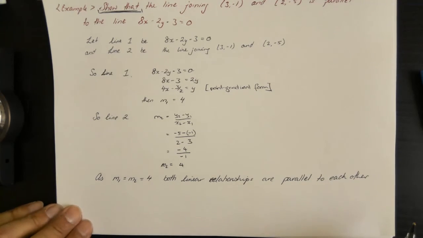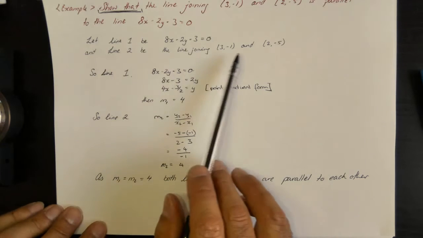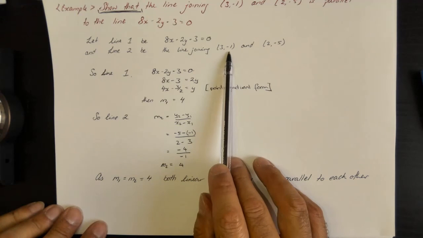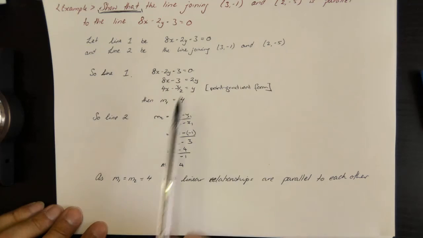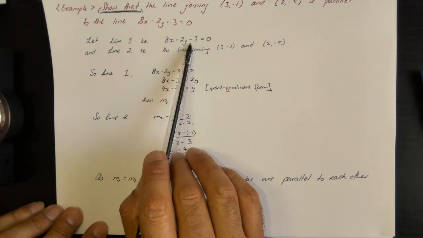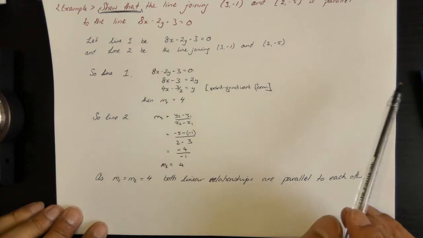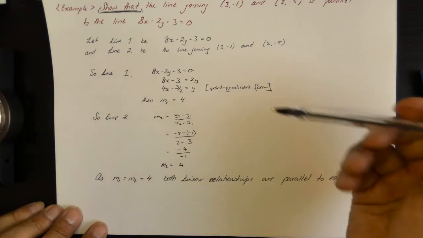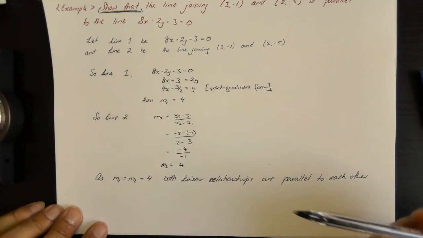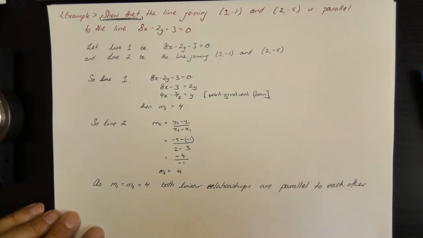That's how we show that the line joining (3, -1) and (2, -5) is parallel to 4x minus 2y minus 3. You need to be quite clear about what you're defining and very explicit about how you get there. Okay, thank you.